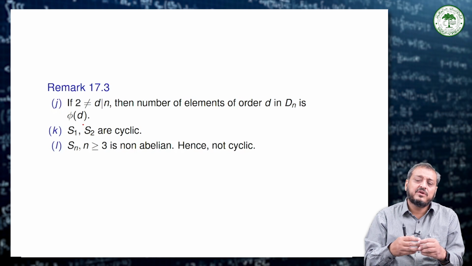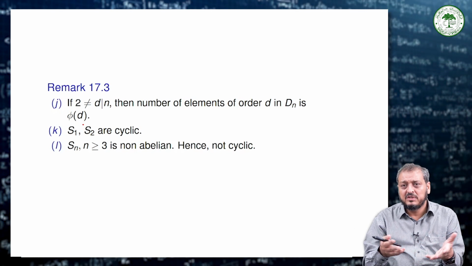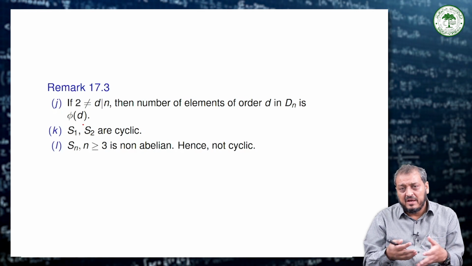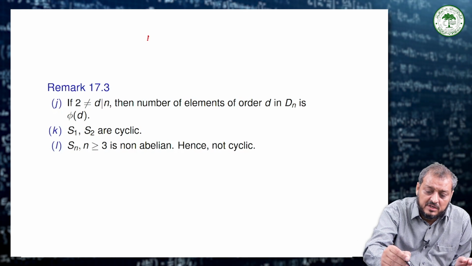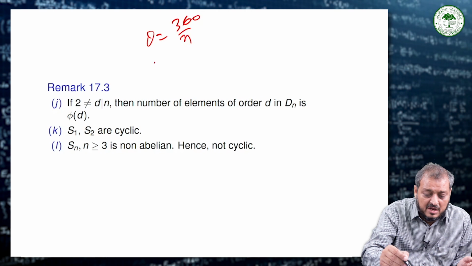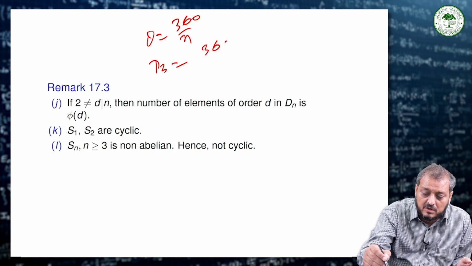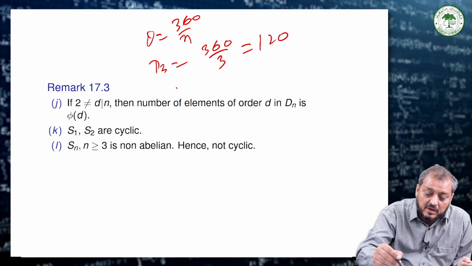So we have to again consider rotation. Rotation is simply 360 by n. If we have D4, then we have rotations like this. Theta can be written as 360 over n. For D3, 360 over 3, so we have a 120 degree rotation.